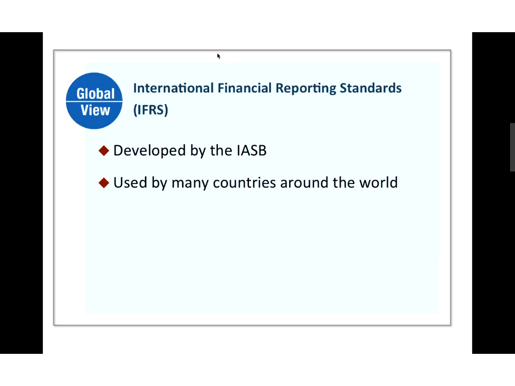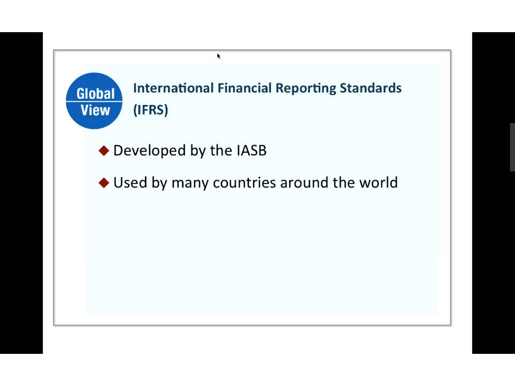Okay, now we have another body called the International Accounting Standards Board, which develops International Financial Reporting Standards, better known as IFRS. So several years ago, we have U.S. GAAP, and then every country has all different GAAPs of their own.